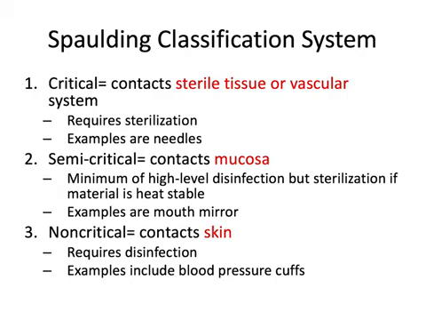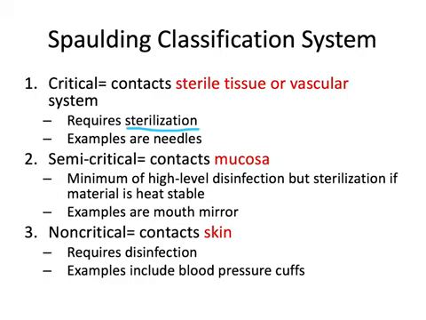So this could be like a needle or something that's penetrating the skin and contacting sterile tissue beneath the mucosa or skin layer, and potentially the vascular system of the patient. So these things require sterilization. And we know now that sterilization kills all life forms, even spores.